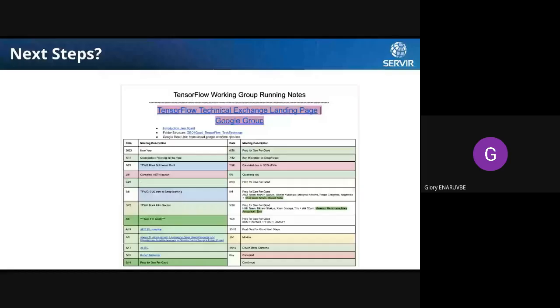Like I said yesterday, the idea for this whole training was so that we could use this as a launch pad to think of how in West Africa we can meet more regularly and learn together as a group, while we also join the global TensorFlow group.